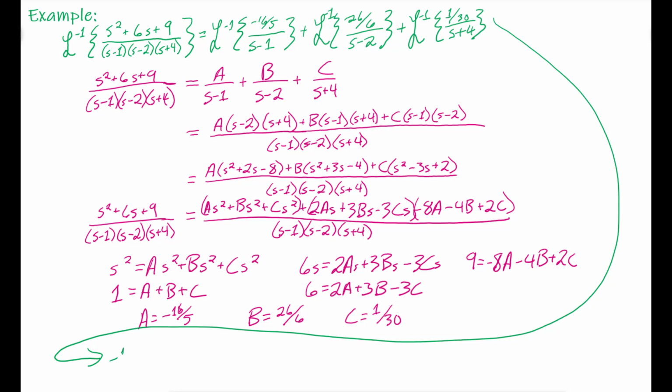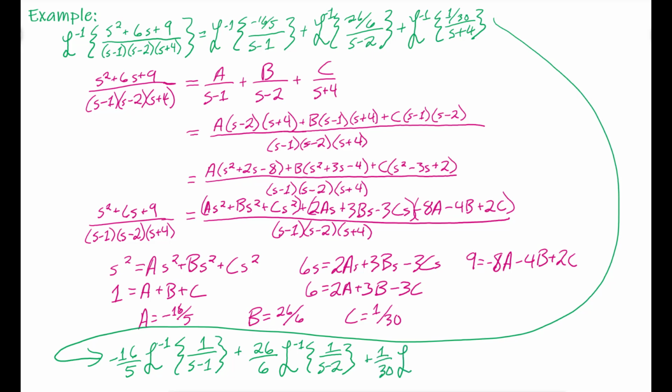Picking that back up down here, I'm going to pull the constants out in front, so I end up with negative 16/5 times the inverse transform of simply 1 over s minus 1, plus 25/6 times the inverse transform of 1 over s minus 2, plus 1 over 30, the inverse transform of 1 over s plus 4.